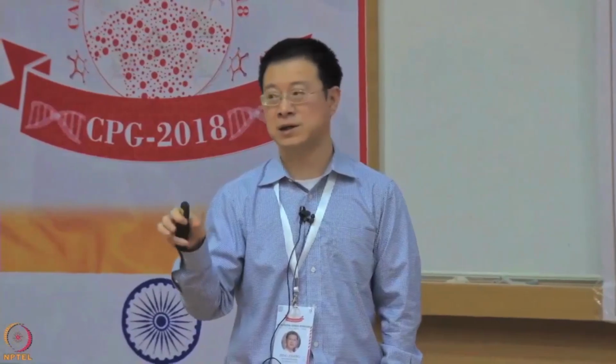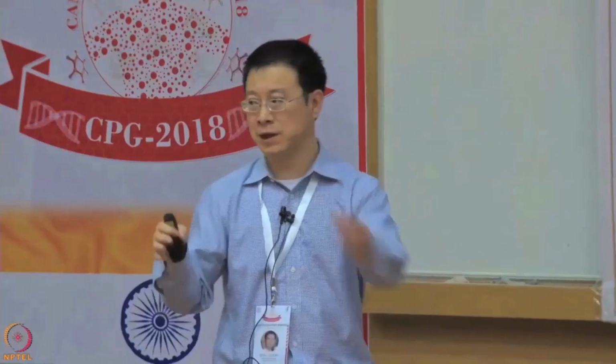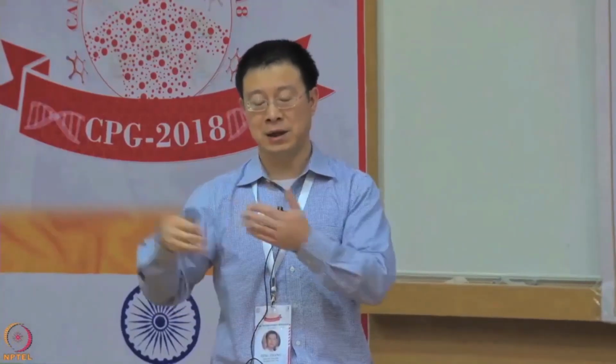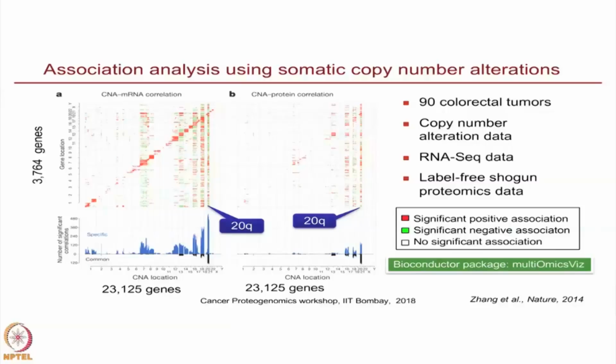If this copy number amplification increases the mRNA expression of the gene in that locus, then you are going to have a significant copy number change and mRNA expression change. And then you are going to get a red dot, because here all the genes are ordered based on the chromosome location, and here it's also based on the same chromosome location. So if it's a cis effect, you are going to see a red dot here, right?